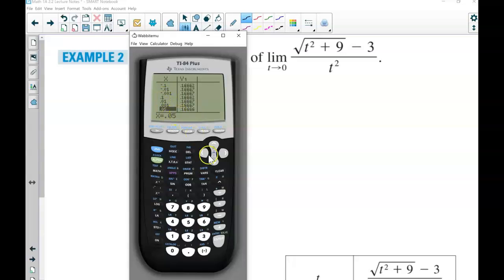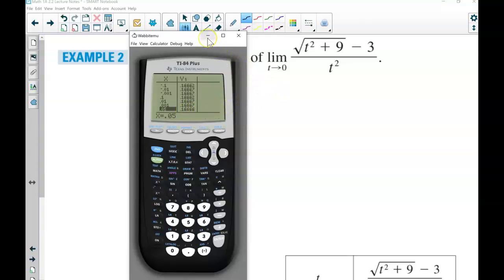Well, I guess the calculator's kind of slowing down here, but anyway, as you can notice here, the outputs are all close to what? 0.1667 and so forth, right? So what it's saying here is that as t approaches 0, the values of the function seem to approach 0.1666666 and so on.